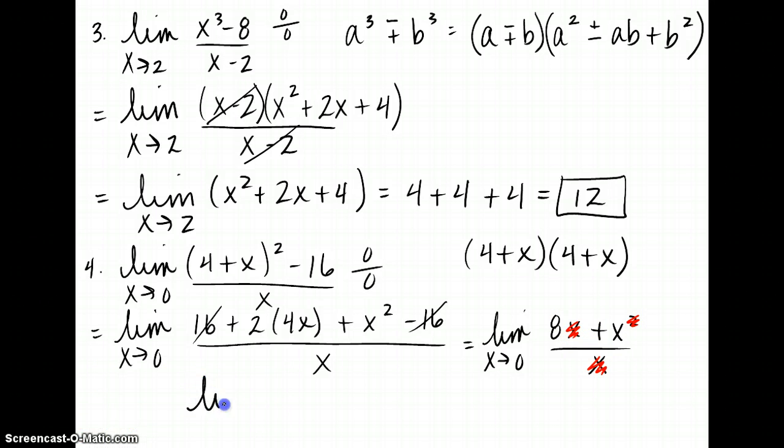So now the function becomes limit as x approaches 0 of 8 plus x, and now direct substitution gives me a value of 8. Okay, we'll finish there, and we'll practice more finding limits analytically in class tomorrow. Have a nice day.